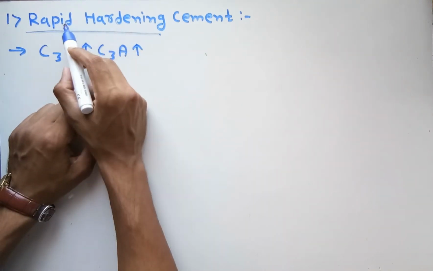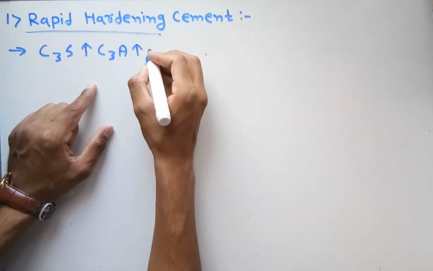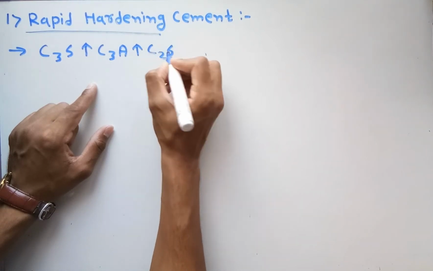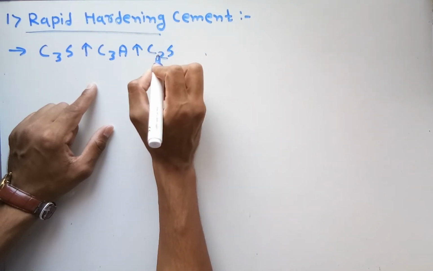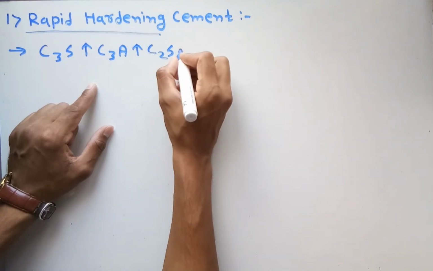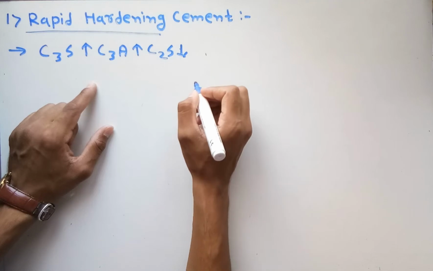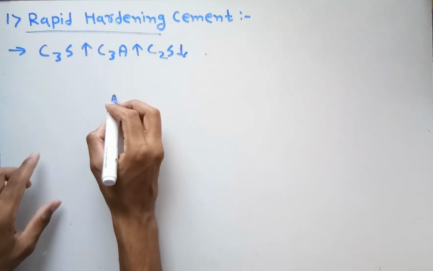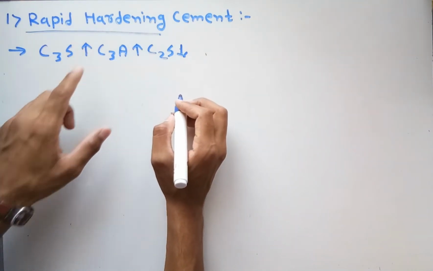But as we require rapid hardening, dicalcium silicate, which is responsible for the later strength after 7 days, is kept in lesser proportion.